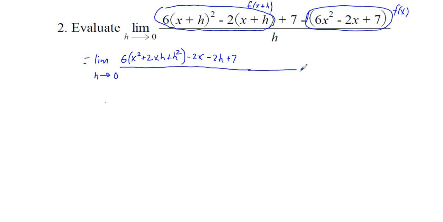and then we're going to just continue here. We're going to have minus 6x squared. Let's see, that's minus negative 2x, so that's going to be plus 2x, and we're going to have minus 7, and that's all going to be over h.